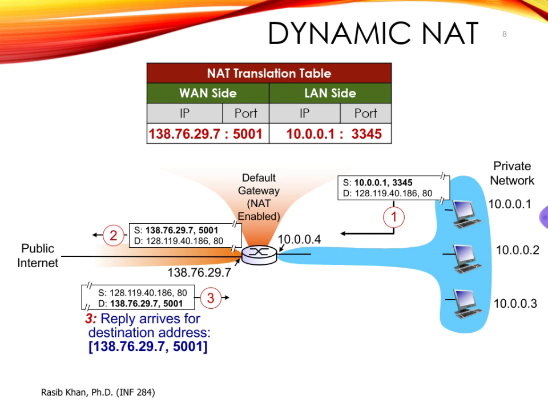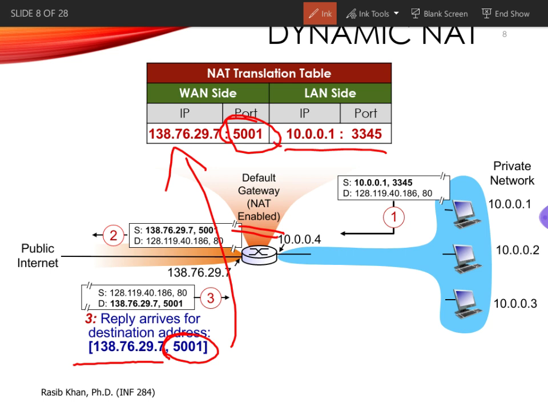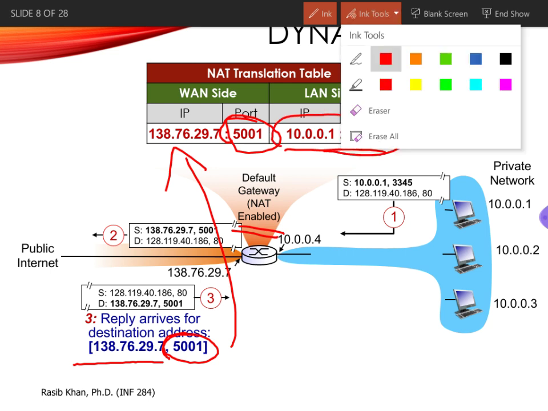So next, if there is a response packet which comes into the default gateway, which has a destination of 138.76.29.7 and port 5001, the NAT-enabled default gateway will look at the NAT translation table and see that the outgoing packet it actually encountered earlier, it changed to port 5001, and the corresponding LAN side IP and port is this particular record.